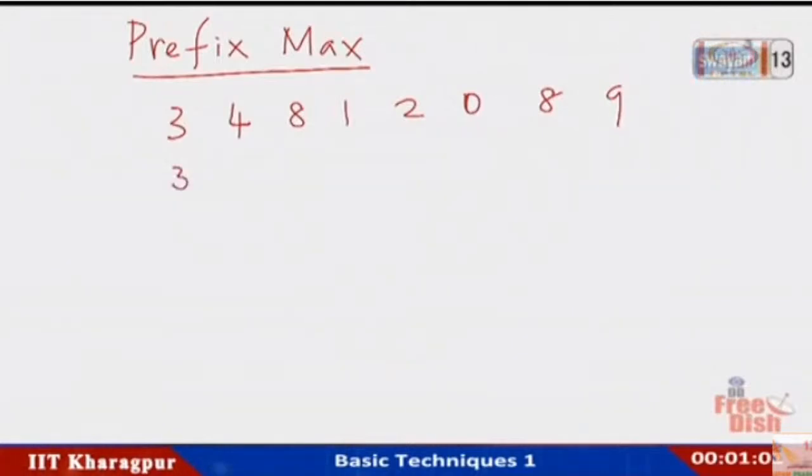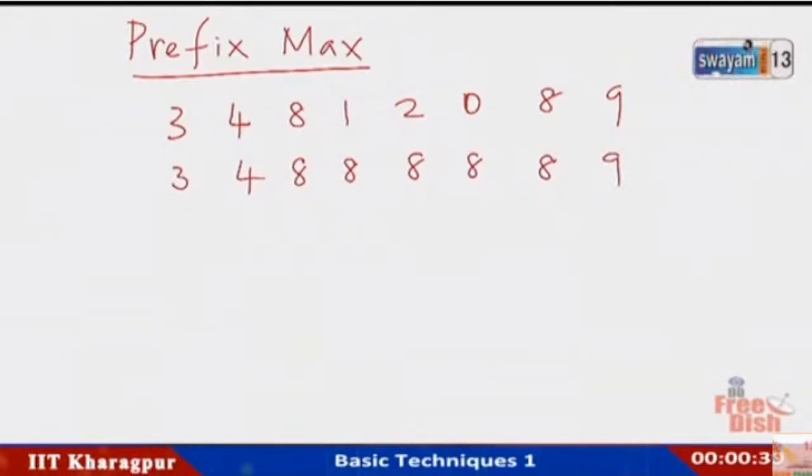So at the first position 3 is the largest element you have seen till then, at the second position it is 4, at the third position it is 8, at the fourth position it is the largest of the first 4 elements, which is 8, here again it is 8, here again it is 8, here again it is 8, at the final position it is 9. 9 happens to be the largest.